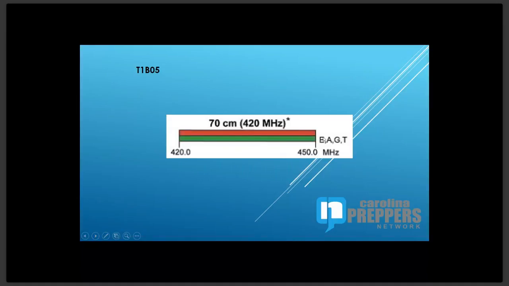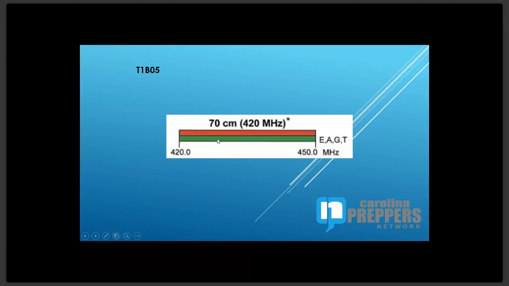Now, when you see the band plan, you see this E, A, G, T. What that is: extra, advanced, general, and technician. They're just telling you that this is the plan that these class licenses can use. So you don't have to worry about that too much. I'm just explaining it to you if you see it.